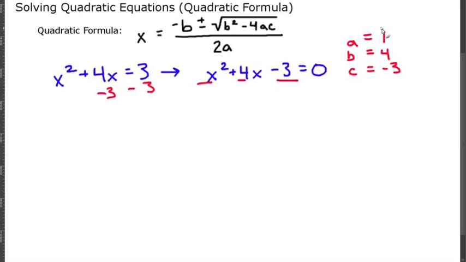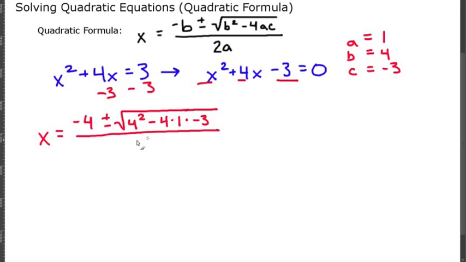So now we just have to plug in a, b, and c into our formula. X is equal to the opposite of b, so that would be negative 4 plus or minus the square root of b squared, so 4 squared, minus 4 times 1, which is a, times the negative 3, which is c, and that's going to be all over 2 times a, which is a positive 1.